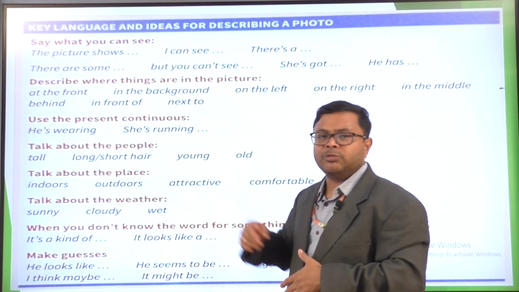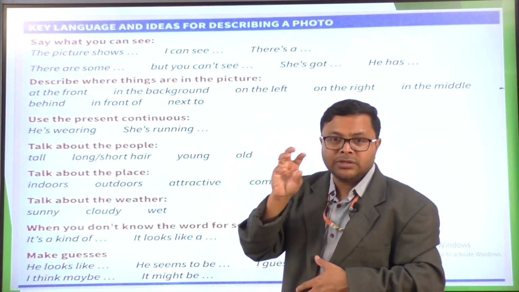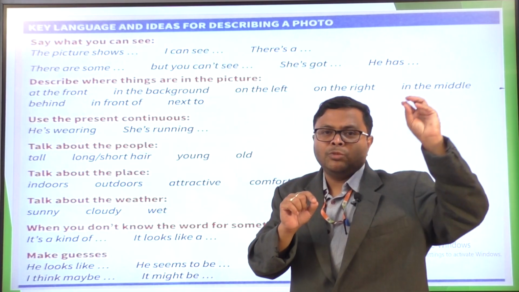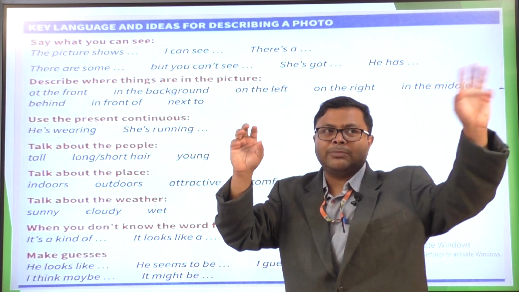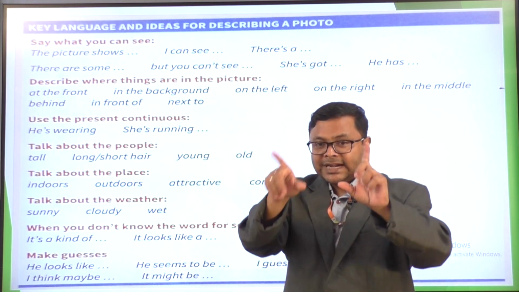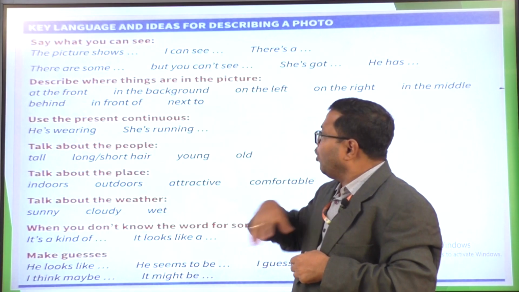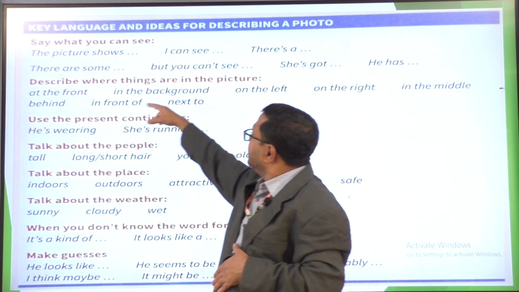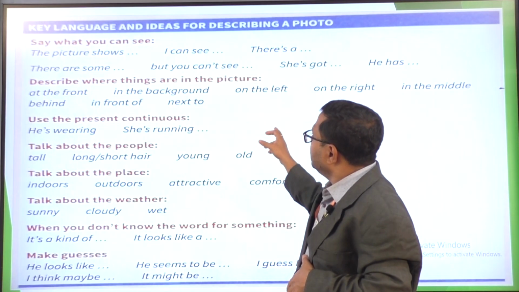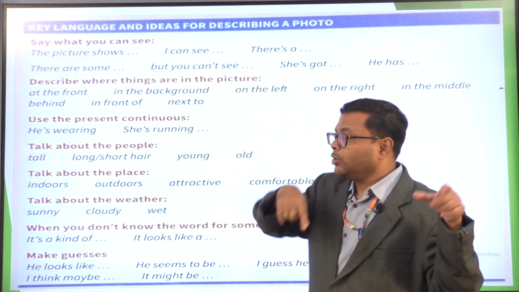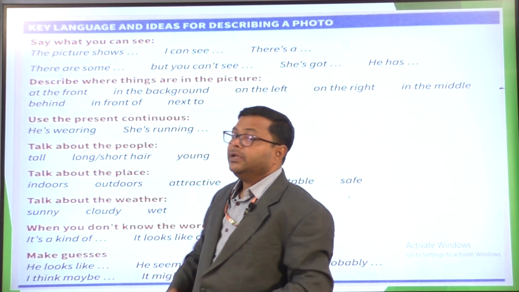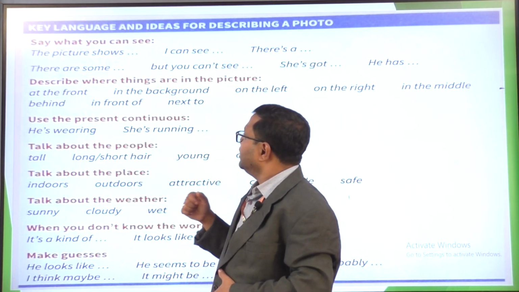It is very important for this part to locate things. In a big picture, you have to locate whether it is the top corner, top left corner, top right corner, bottom left corner, bottom right corner, center, or at the background, at the front, in the background, or on the left, on the right, in the middle, behind, in front of, next to.